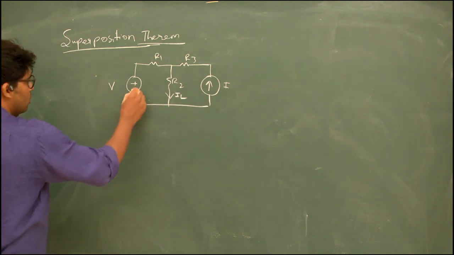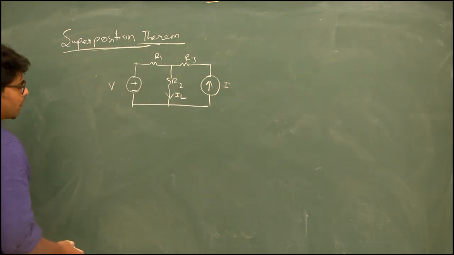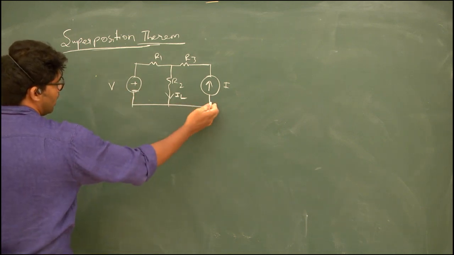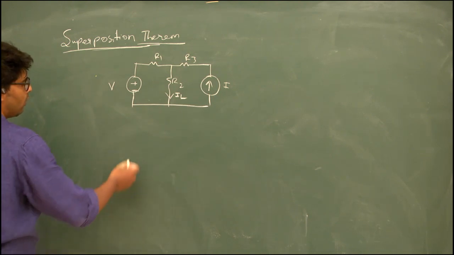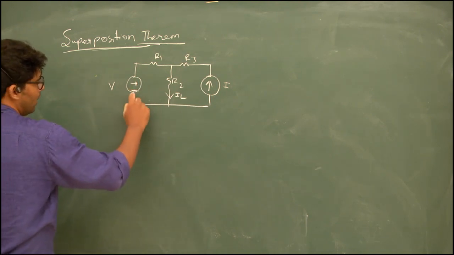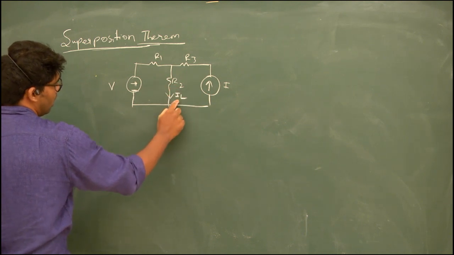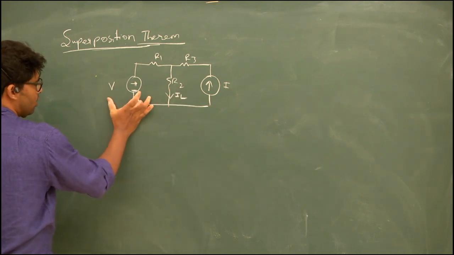The superposition theorem states that whenever an individual element is acting without the other source, that is, with the other source nullified, we will get the load current IL, the current through the 2 ohm resistor R2, with only one source acting.